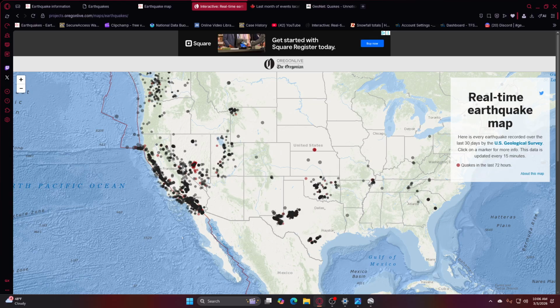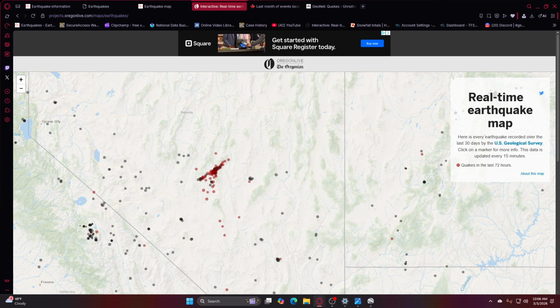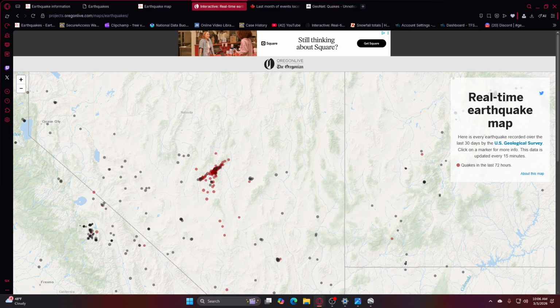This is located within the New Madrid seismic zone, the most active area in the United States east of the Rockies. In Nevada, and as we can see, we're still having a swarm going on here, a series of mysterious or unexpected tremors has been reported near Tonopah, close to former nuclear test sites. Magnitudes have ranged from 2.5 to 3.9. While likely natural tectonic adjustments, the proximity to historical sites often draws significant public and scientific interest.